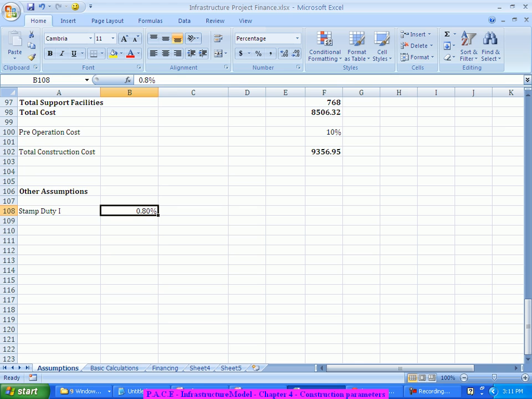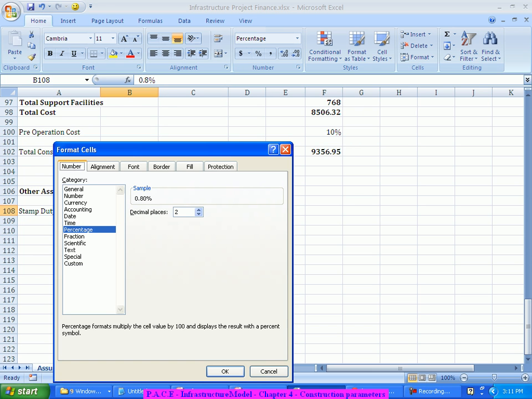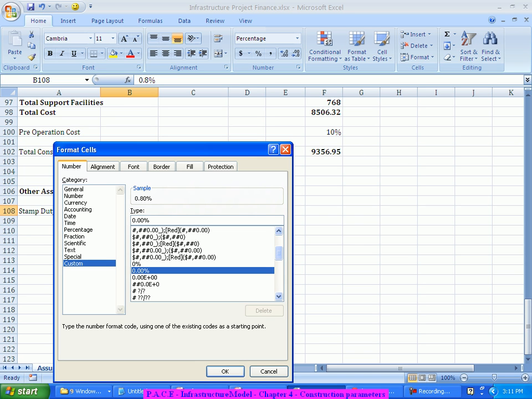Okay, so 0.8% of the total lease rentals or 5% of the land value, whichever is higher. Right? So these two I'll format it in that way. 0.8%, I'll create a format saying 0.8% of total lease rentals. I'll just call this as a part of the formatting itself.